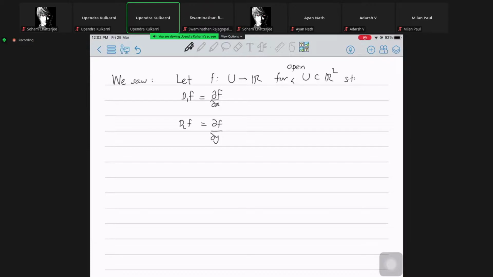So this is just notation. And also this partial derivative, which is a double partial derivative.